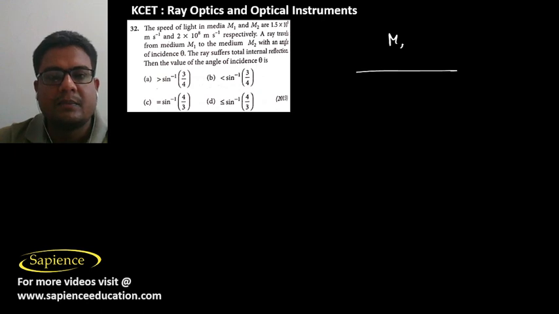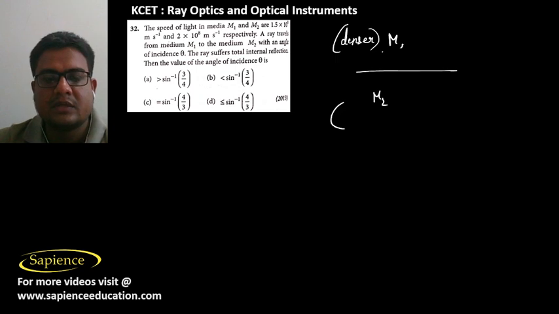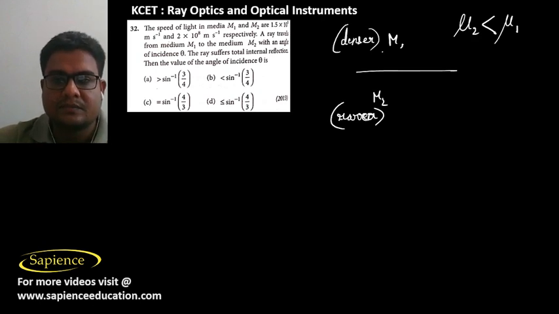So in medium M1, the speed of light is less, so it is optically denser. It means that its refractive index is higher. And for M2, the refractive index is lesser, since the speed of light is higher. So it is optically rarer. Its refractive index is low. So refractive index of medium 2 is less than the refractive index of medium 1.